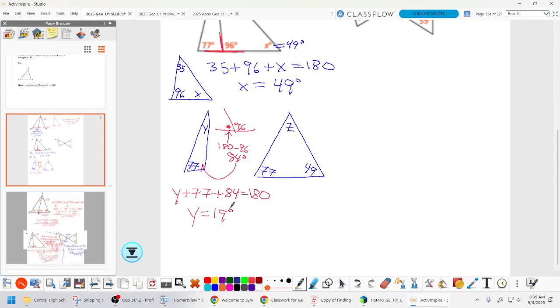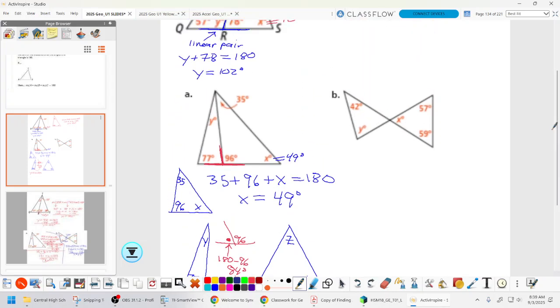Okay, next one. I call this kind of a bow tie shape, and we'll see it in various scenarios across several units. It comes up fairly often. Which variable should you solve for first in this case? X. Yeah, because we have two known angles in this right-sided triangle.